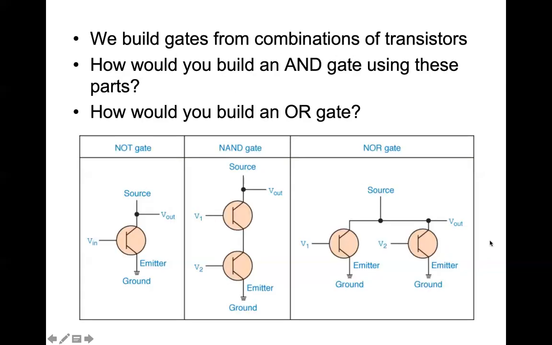If both inputs are low to the NOR gate, then both switches are open and we don't have any current flow from the source to either this ground or this ground. And so the output gets held high. So hopefully that makes sense. In all other cases, there's going to be current flow across either this transistor or this transistor, and that's going to pull the output low.